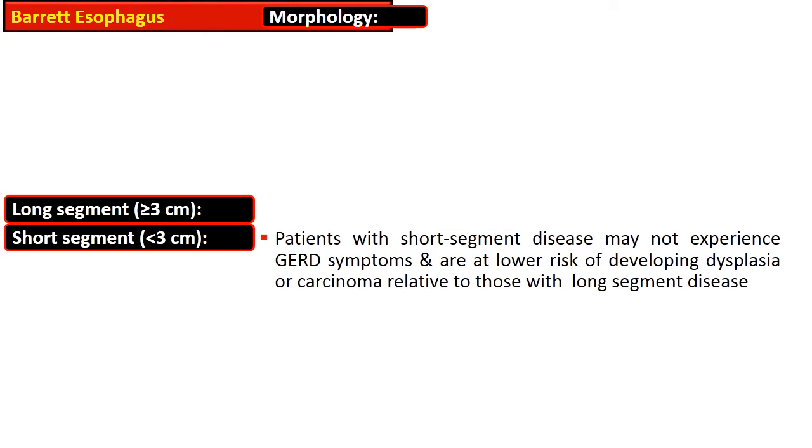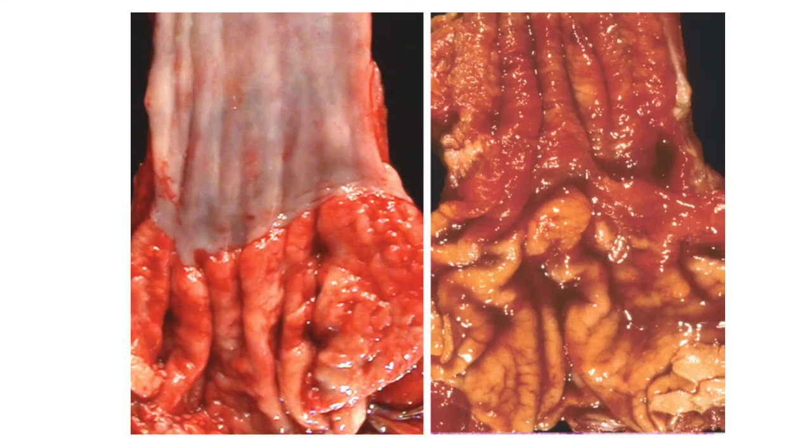The patient with short segment disease may not experience gastroesophageal reflux disease symptoms, and they are at low risk of developing dysplasia or carcinoma relative to those with the long segment disease. This is the gross picture of the esophagus.